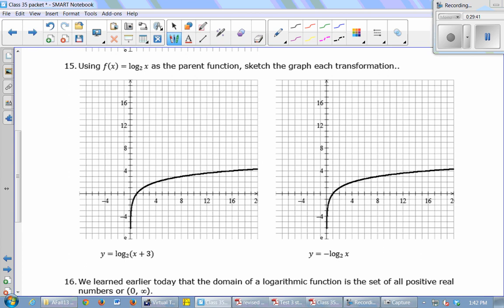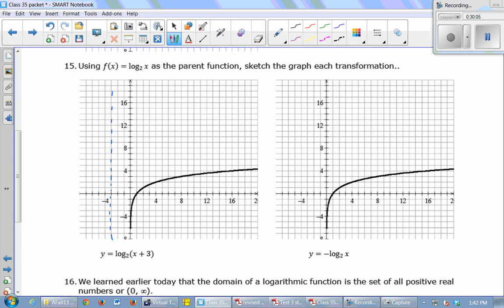It's a shift, but it's horizontal. It's inside, right? I'm changing the x that's getting plugged in. So this is a horizontal shift, 3 to the left. So that means that my asymptote that used to be at 0 is now going to be at negative 3. And then I can pick a few key points and move them all 3 to the left.